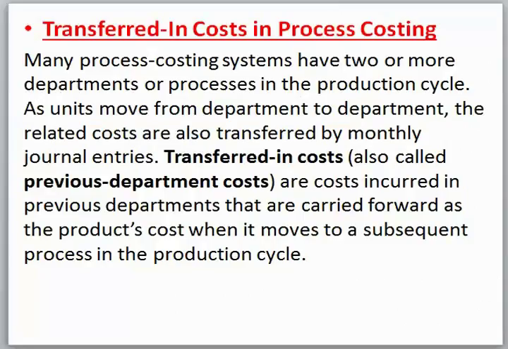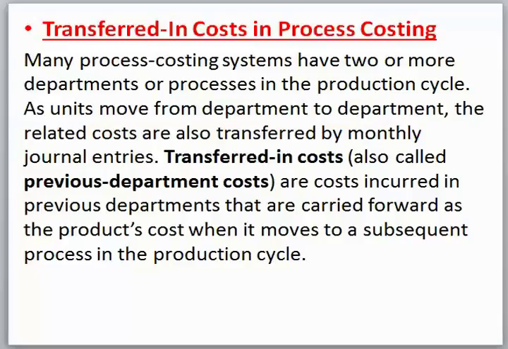Then we will talk about the transferred in costs in process costing. Many process costing systems have two or more departments or processes in the production cycle. As units move from one department to another department, the related costs are also transferred by monthly journal entries.